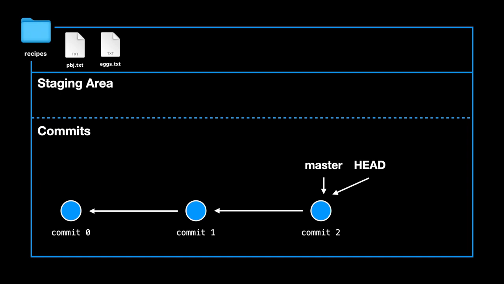So remember, master always points to the most recent commit in this branch, and head points to the current branch, which is just master. Okay, at this point, we saw how powerful Git can really be when it reverted our recipes repo to its initial state that was tracked by commit 0.